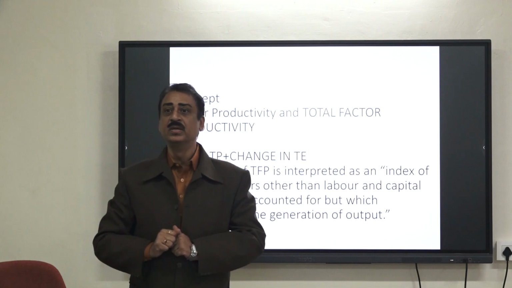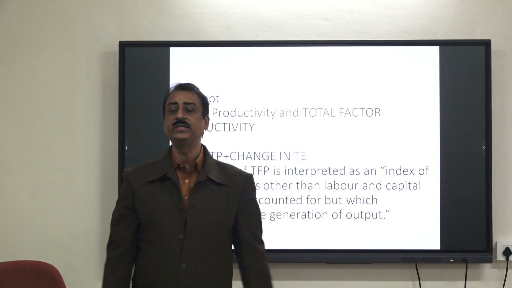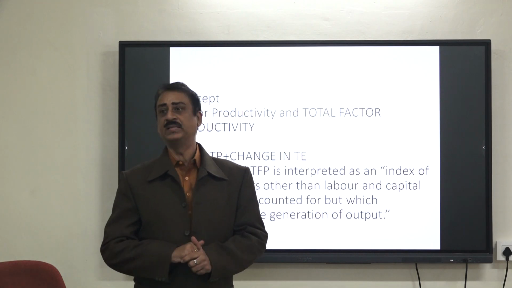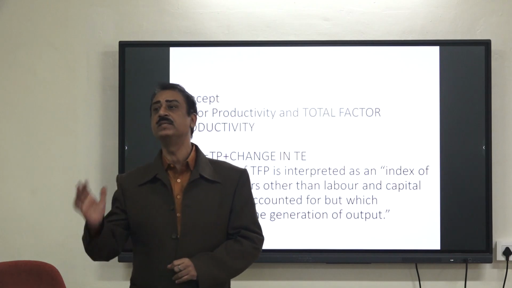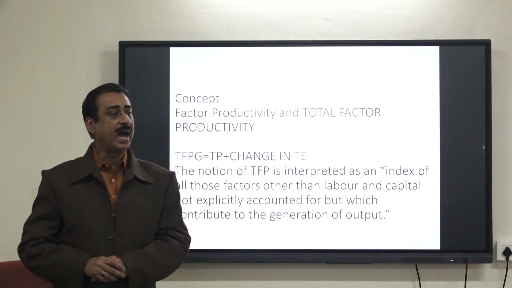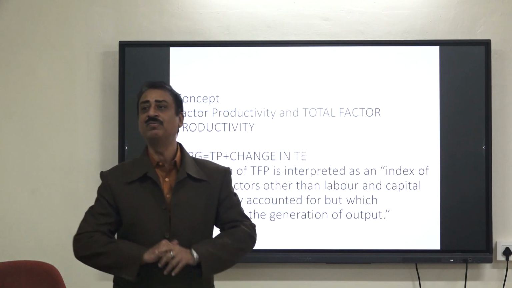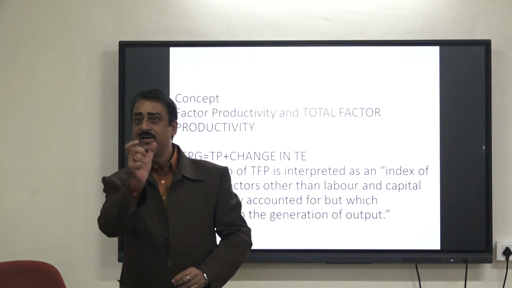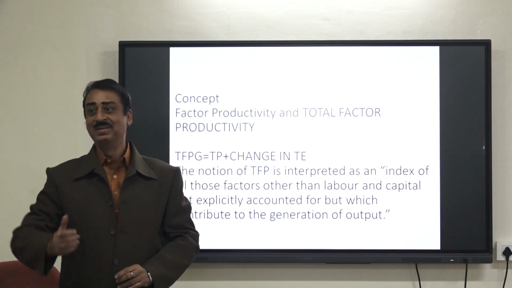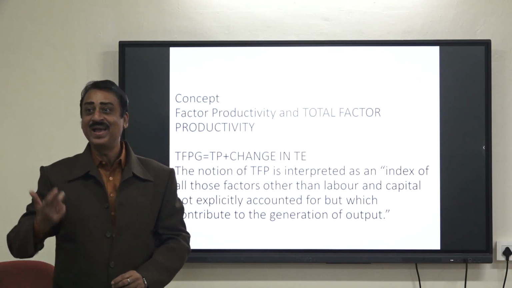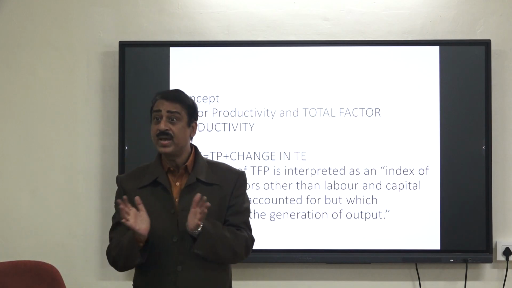Now suppose someone suggests that no, I will not use the labor intensive method. I will use a capital intensive method of production, where I will be engaging 10 units of capital and 20 units of labor. Okay. So 100 divided by 20. Labor productivity is high, 5. So can you really compare between them?